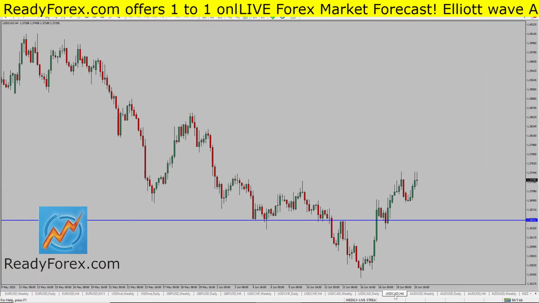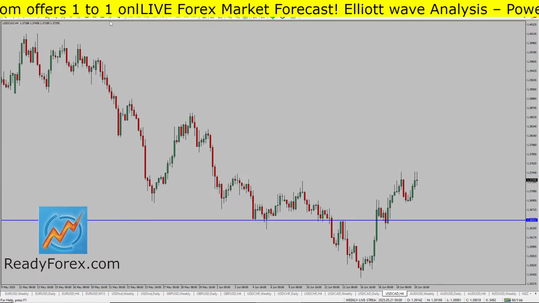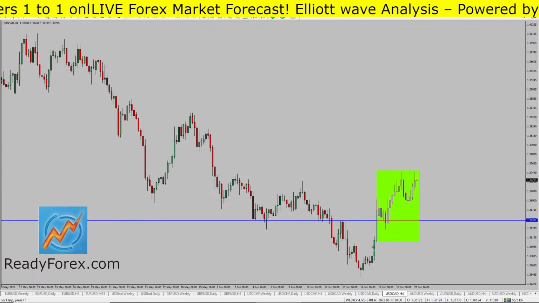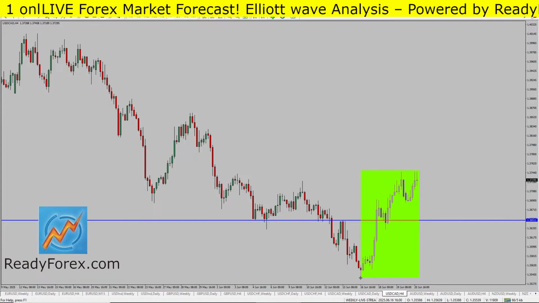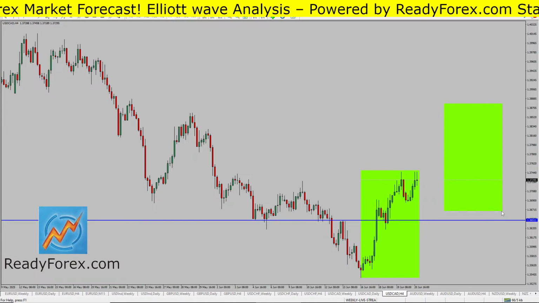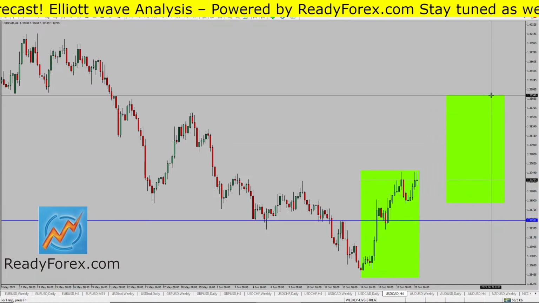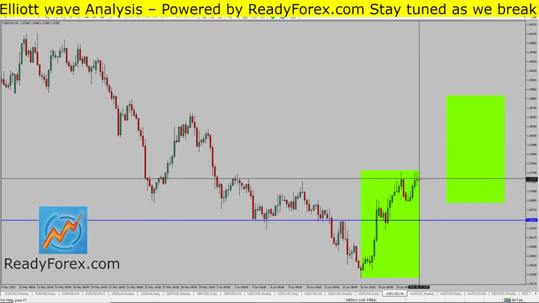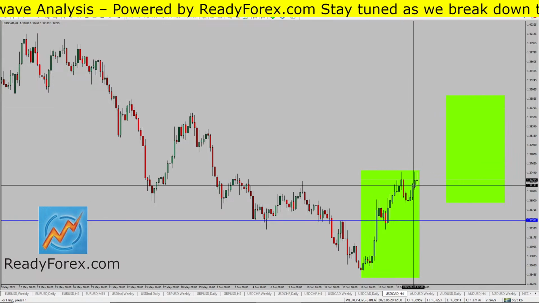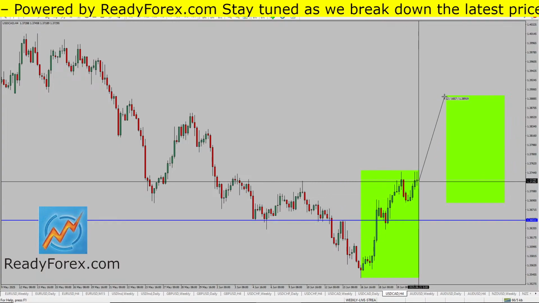Next, let us take a look at the 4-hour time frame. So right now you see we got this first bullish leg over here. This is the first bullish leg inside the USD CAD currency pair. The chances are the market is going sideways and then expect a second bullish leg to the upside. It's also possible the market is just going to waste some time over here, then it's going to continue to rise.